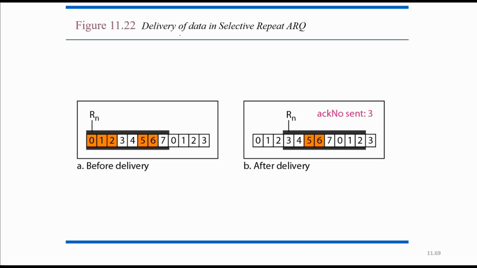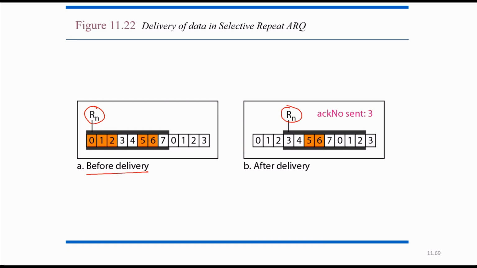Here we are going to see what the window representation is at the receiver side. Suppose before delivery of the frames to the network layer, this will be the window.